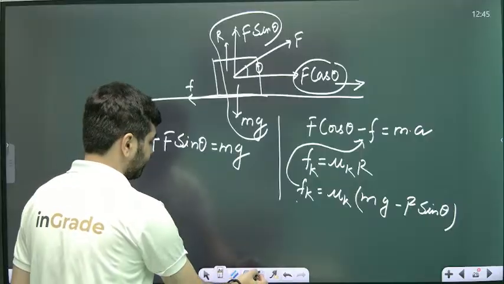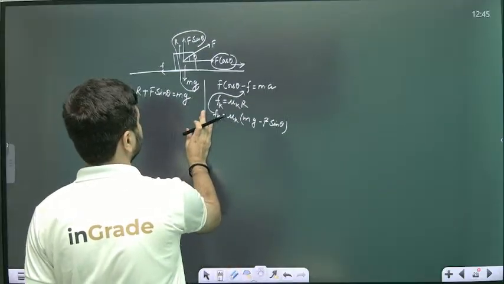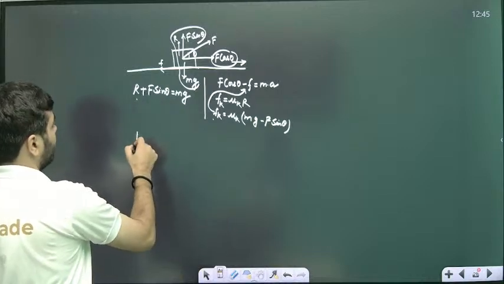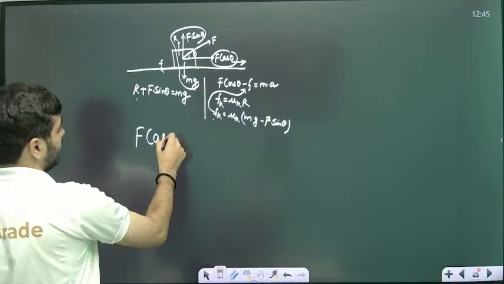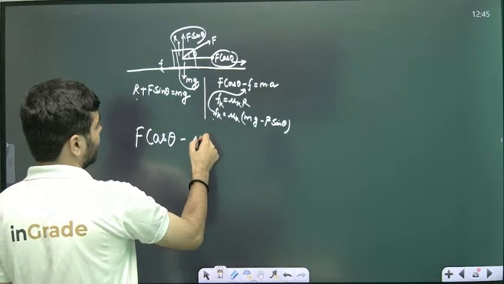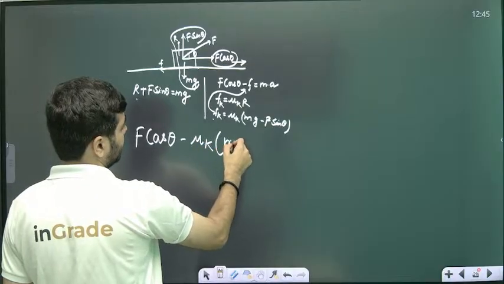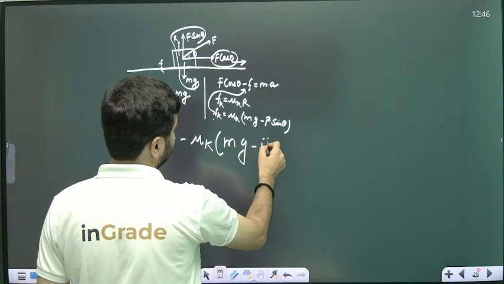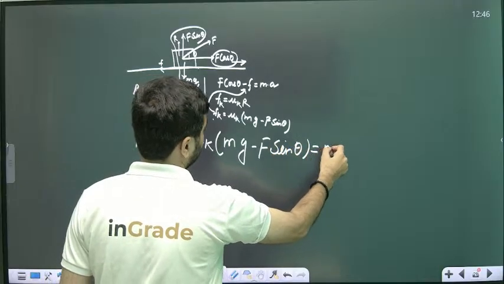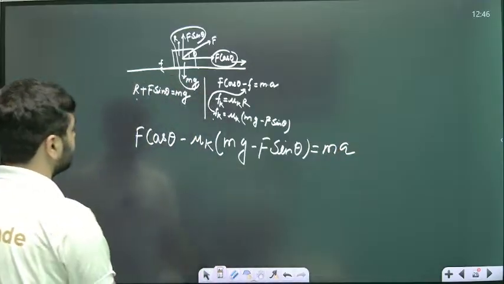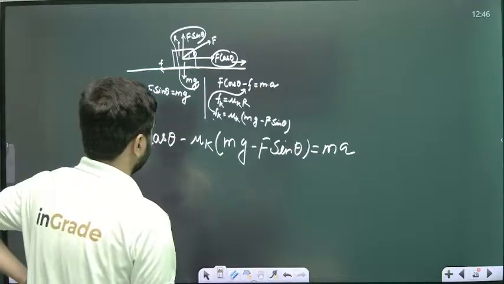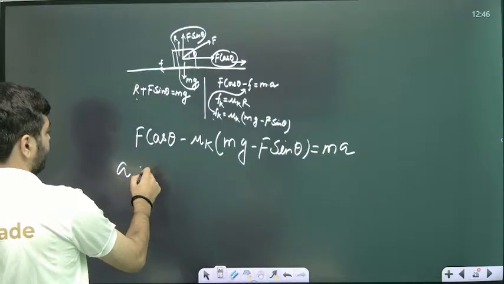Put the value of Fk in this equation. We will get F cos theta minus mu k (mg minus F sin theta) equals ma. Then the acceleration will be 1 by m.